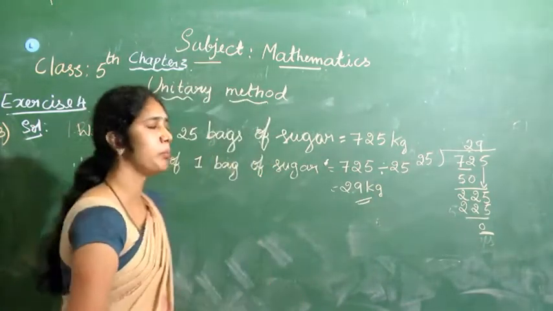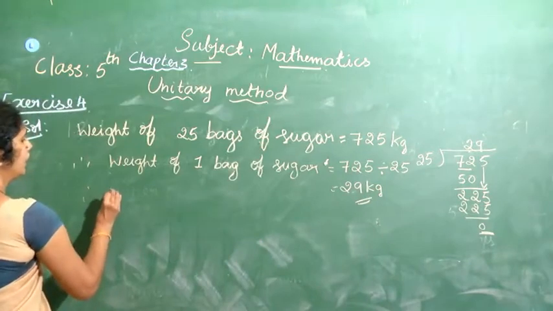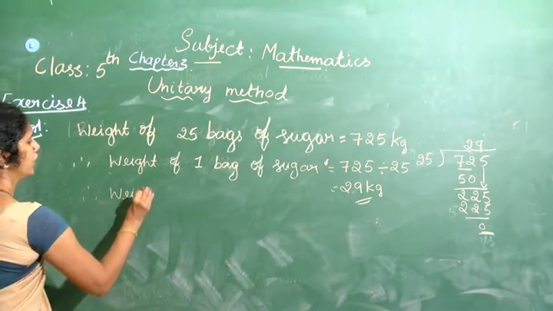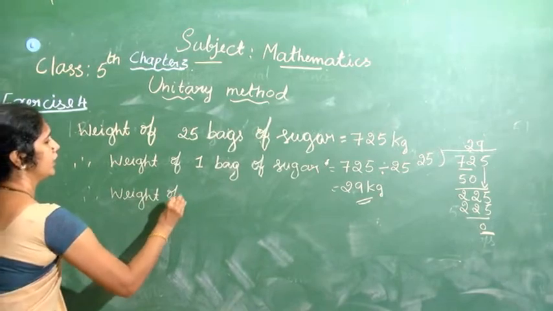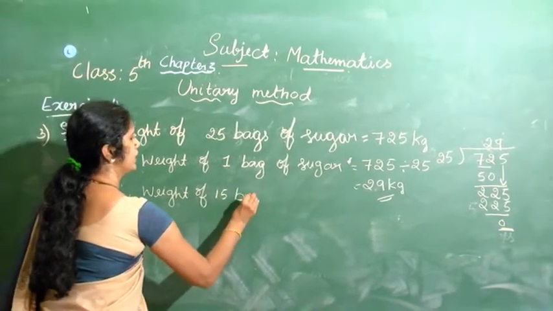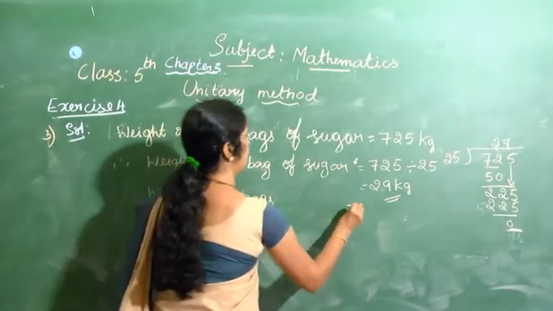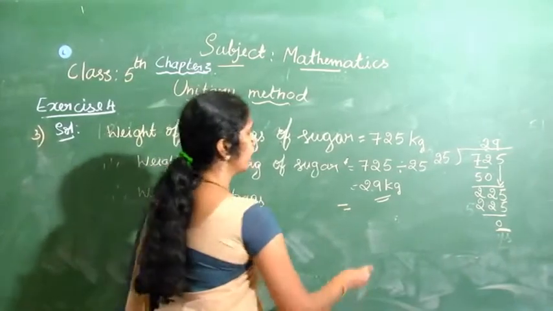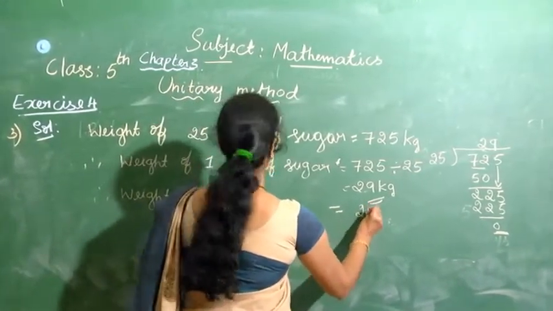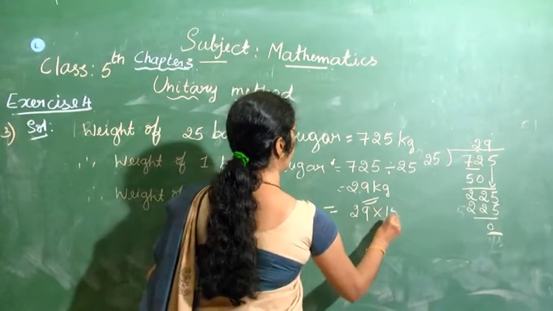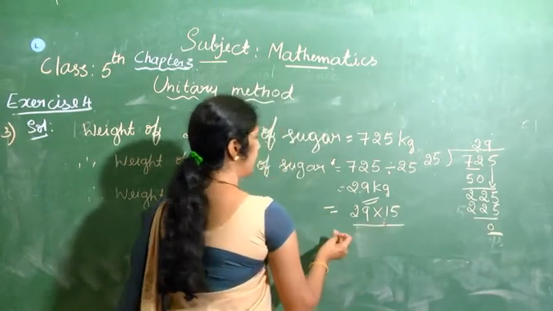But what have they told us to find out? Weight of 15 bags. Therefore, weight of 15 bags equals, what should I do here? 29 into 15. I have to multiply.